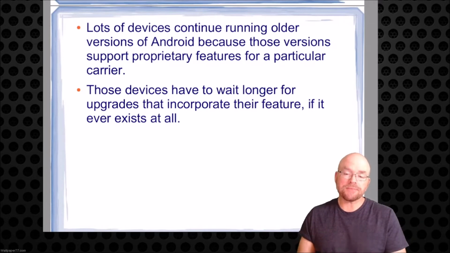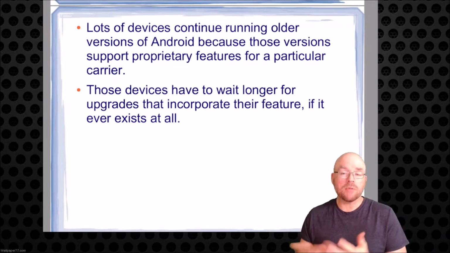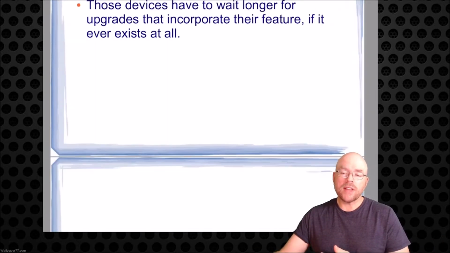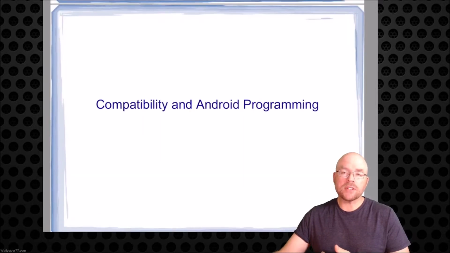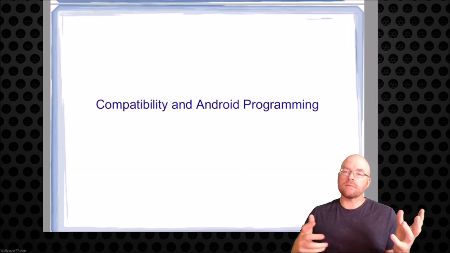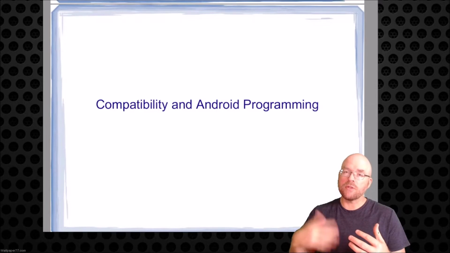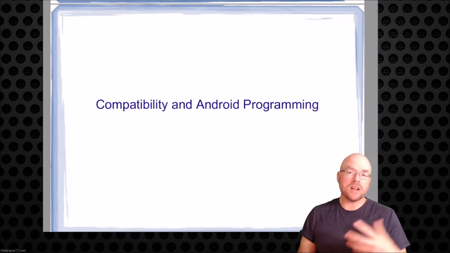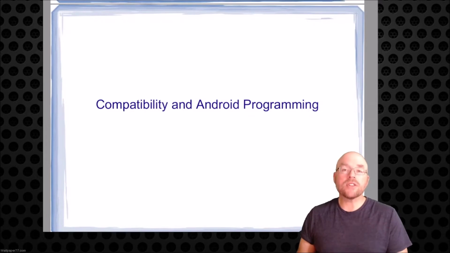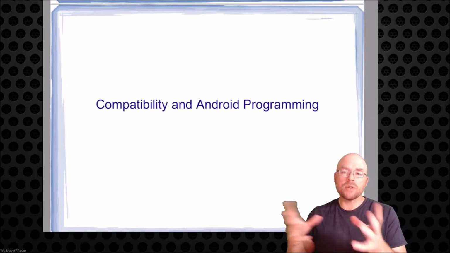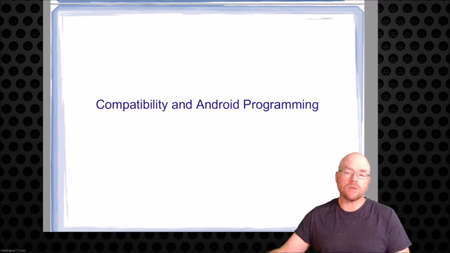In which case, everybody using their phones is stuck with the older version of Android, so they may not be able to upgrade yet. So you have a situation where the newer version of Android has some newer features, but some people are stuck on an older version, so they can't take advantage of those newer features, that new gee-whiz wonder wand or that new text box or whatever.